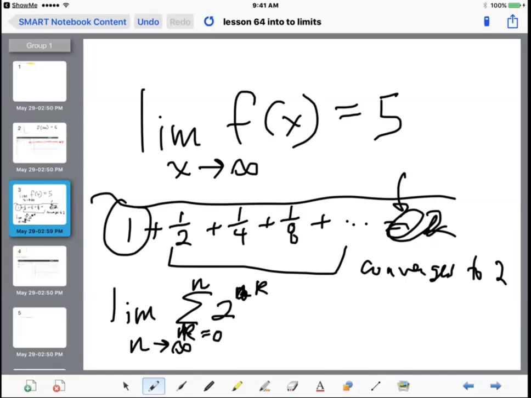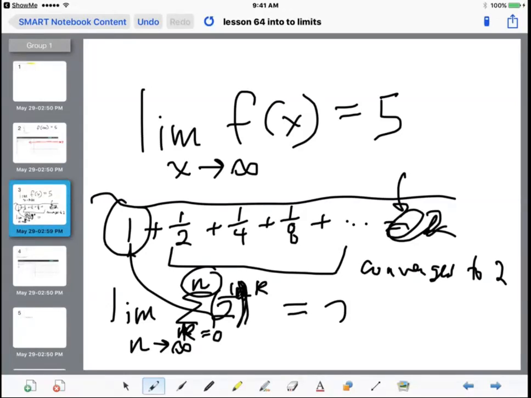That would be the rigorous way of saying this concept. The idea is that the bigger n gets, the more terms there are. Sorry, not 2 to the k. I meant 1/2 to the k, or 2 to the negative k would have been good also.